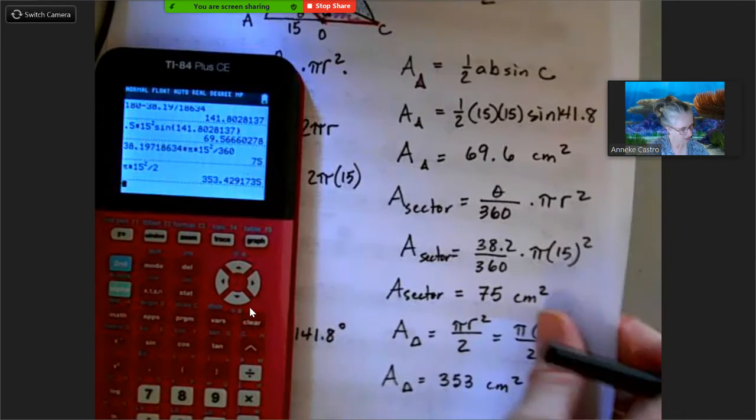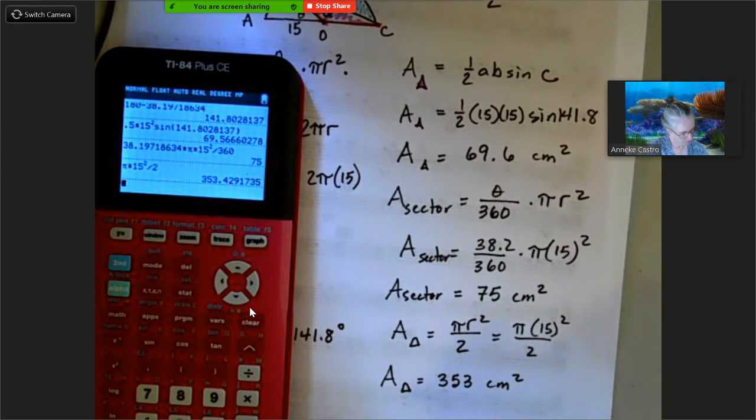So our final area that we want, what did they call it in here? Find the shaded region. So the shaded region is going to be 353 minus 75 minus 69.6. That should give us our final answer.